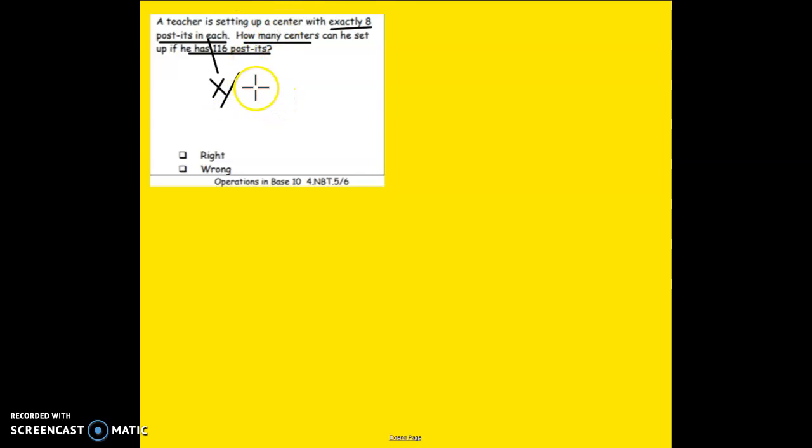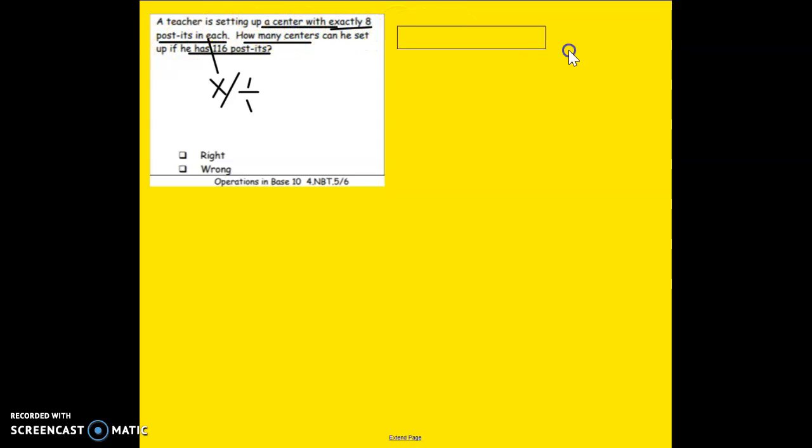Okay, so I need to figure out what am I doing here. I'm going to write down my facts: 1 center equals 8 post-its.